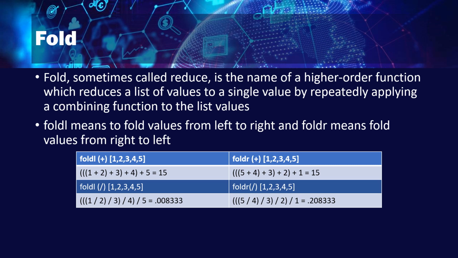We can see in the example below that when we are using a plus as our combining function, it doesn't matter if we fold left or fold right, the result is the same. However, the same is not true when we're doing a fold left and a fold right using the divide symbol as the combining function. These will each result in different values.